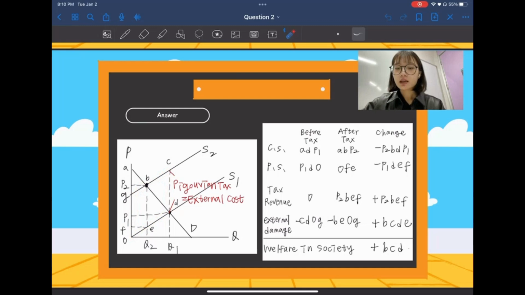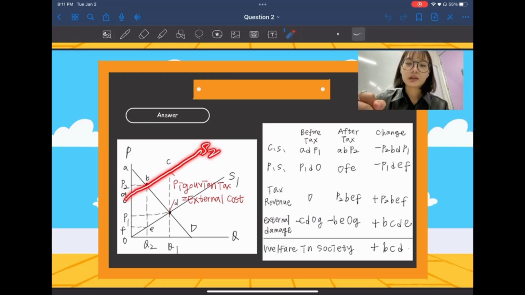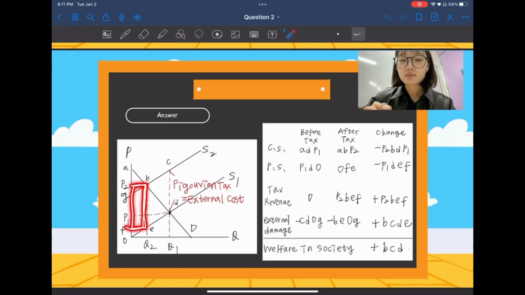After we have the Pigouvian tax, the supply curve is S2 and the demand curve is D. So the consumer surplus is A, B, P2, and the producer surplus is O, F, E. The tax revenue is P2, B, E, F, because this is the tax and this is the quantity.